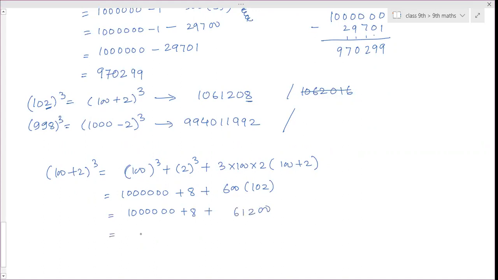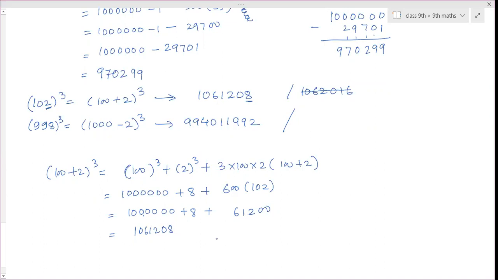So add everything. It will come 6. 1061208. If you do the proper addition, you will get this.